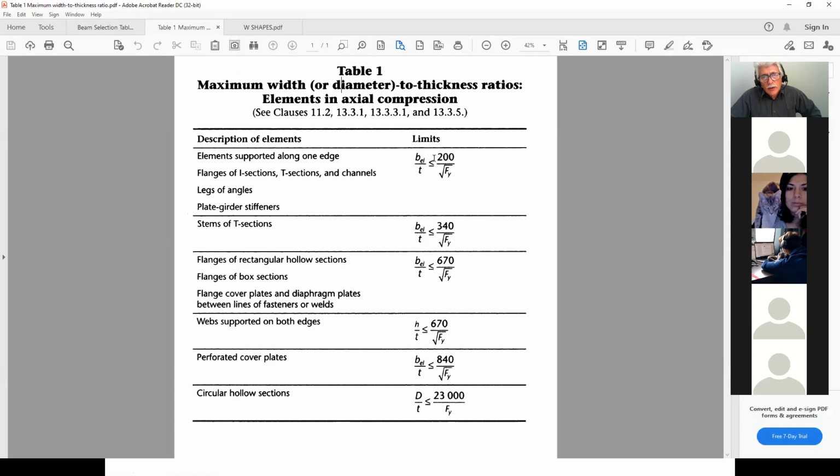So it would be BEL, which is half of B, over the thickness of the flange, 200 divided by the square root of Fy. And for the web, it would be H over T, and this becomes 600 divided by the square root of Fy. So this becomes a bigger ratio here. But because this is supported along the two edges, it allows you to use this ratio. That's where we get those two formulas.